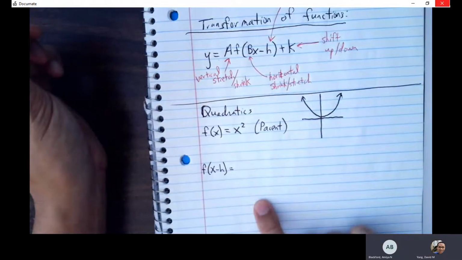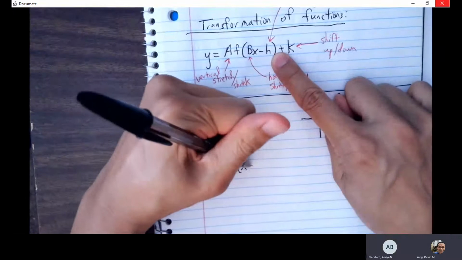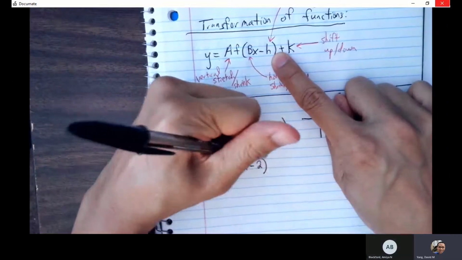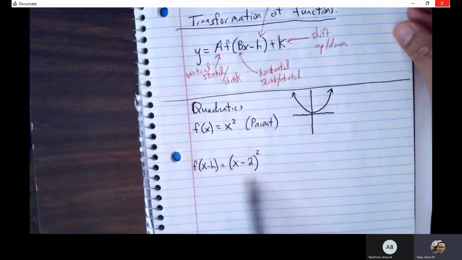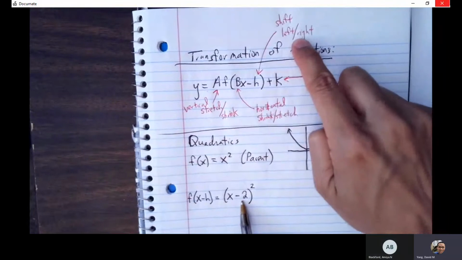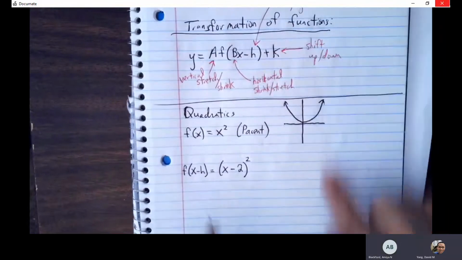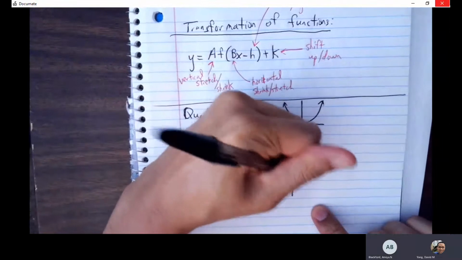Let's say I want to change that to a different number. Let me make it x minus 2 squared. And you would enter this into Desmos. You know it's going to be shifting left or right because it's dealing with that H there. And if you put it in Desmos, it's going to be here.